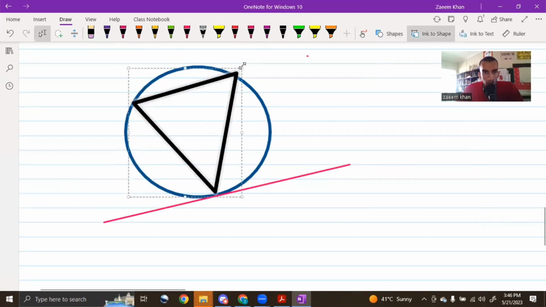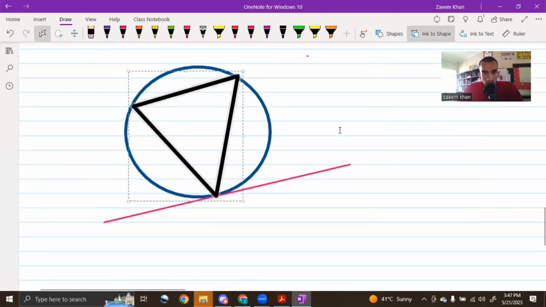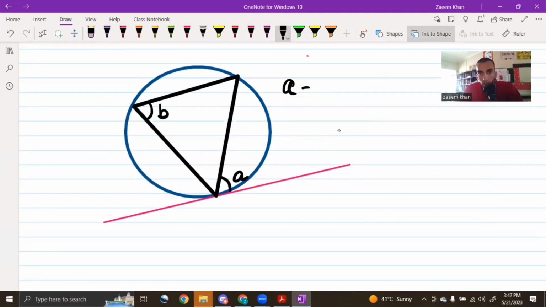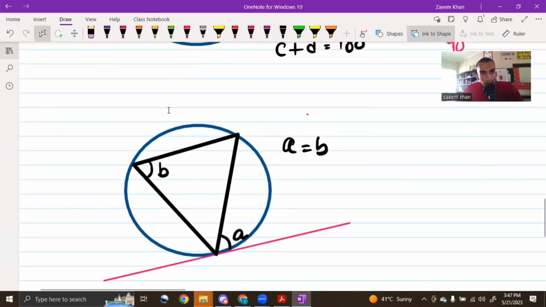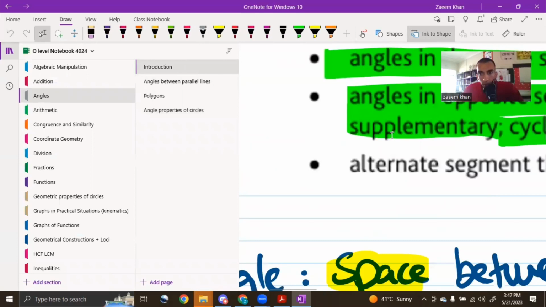So the angle formed between the tangent and the circle over here, and another angle formed in the alternate segment, they are going to be equal. A is going to be equal to B. And the term that they've used for this is alternate segment theorem.